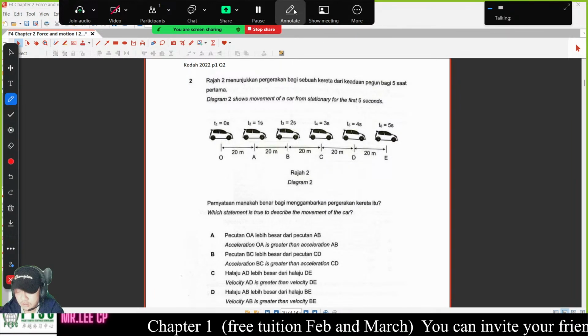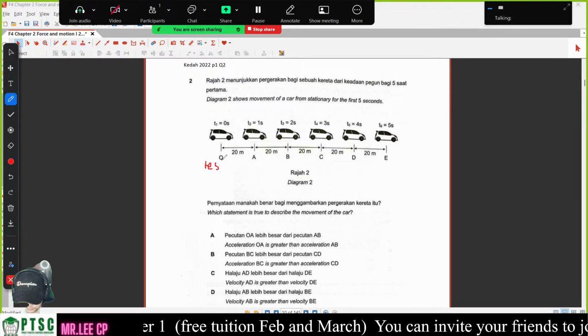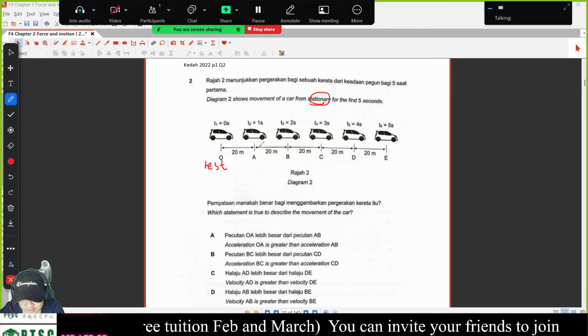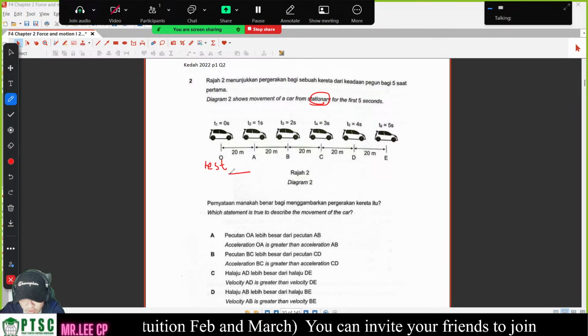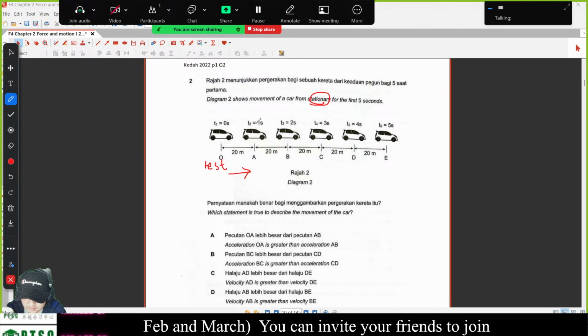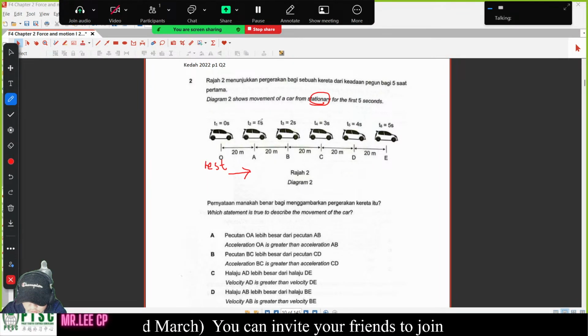Here, not moving, at rest, stationary. Here, it starts to move, so this one you accelerate.